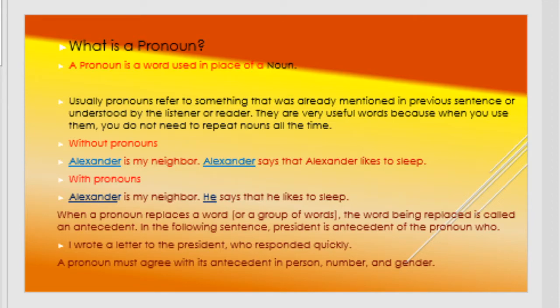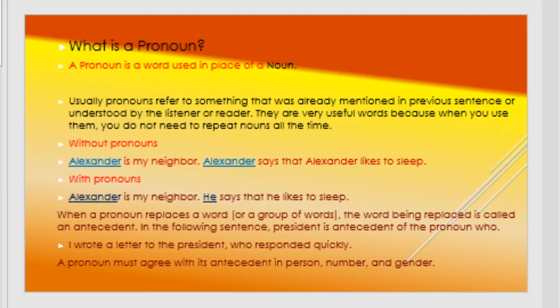So let's analyze and understand the sentences with some examples, without pronouns and with pronouns. Without pronouns: Alexander is my neighbor. Alexander says that Alexander likes to sleep. If you noticed, we mentioned Alexander three times.